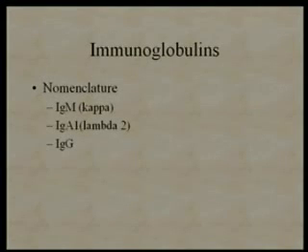I've also not told you anything about the light chains, and you know that immunoglobulins have light chains. So there's going to be kappa light chains there, and lambda 1, lambda 2, lambda 3, lambda 4 light chains there. And those light chains are going to combine with all the possible heavy chains in all possible combinations. So you're going to have a gamma 1 kappa, gamma 1 lambda 1, gamma 1 lambda 2, and so on. All possible combinations. Keep that in mind.